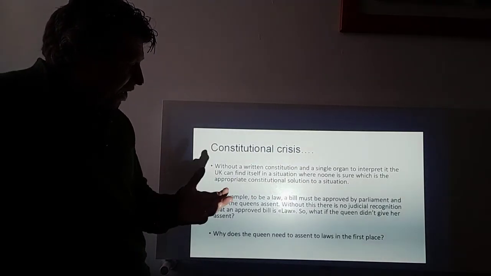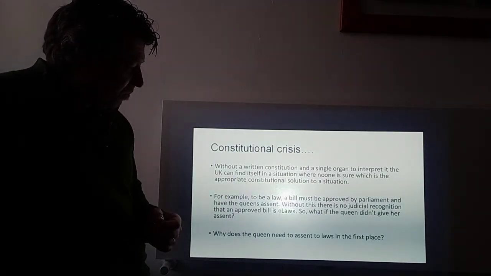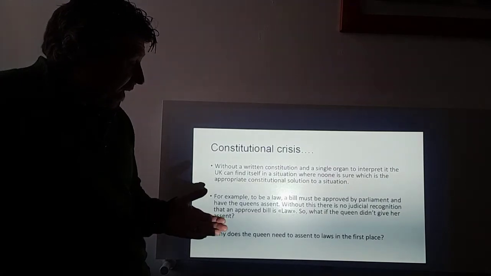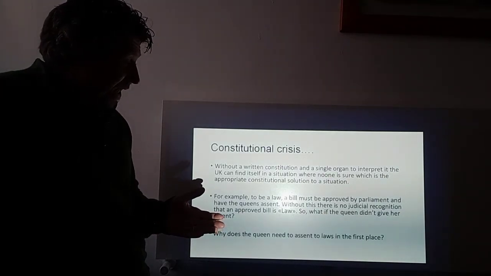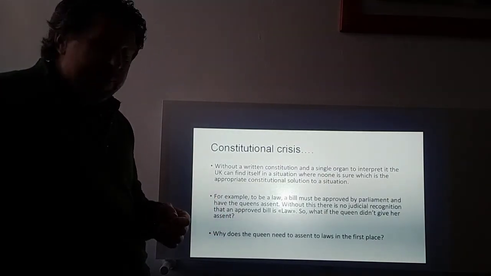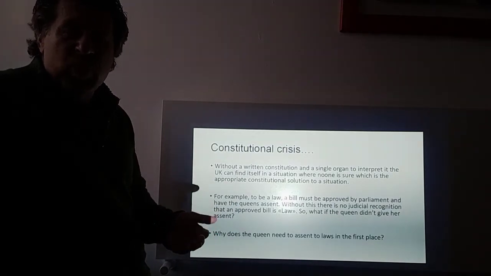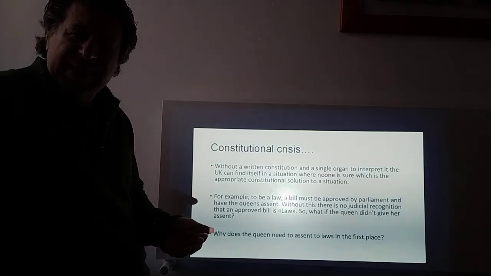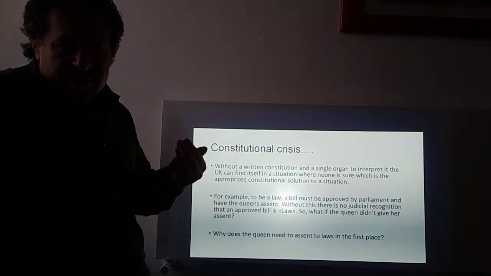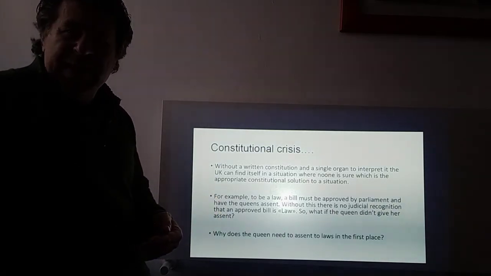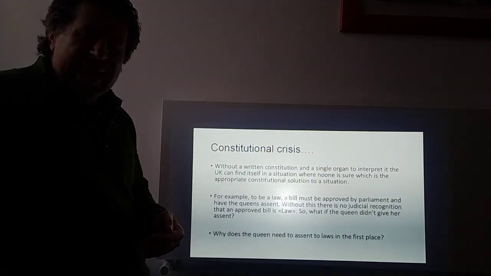But if she decided not to put her name, if it was a legitimate law, there would be a constitutional crisis, because it's not perceived that the Queen is political.